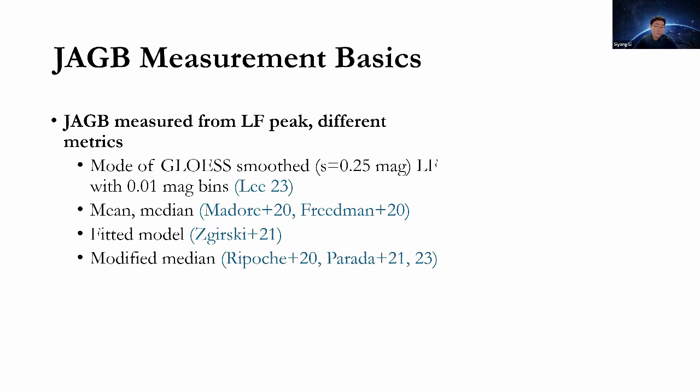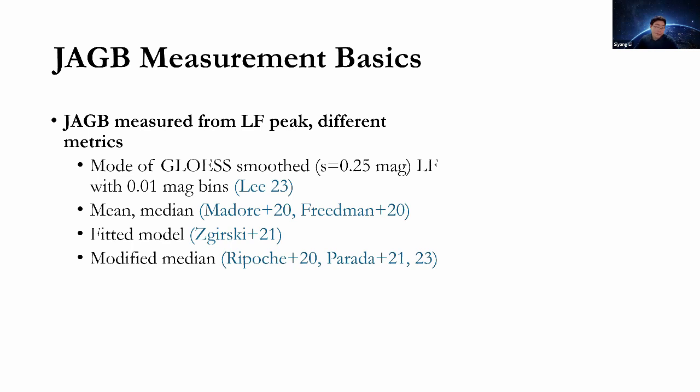Now, as I mentioned before, there have been several methods proposed to measure the JGB. Broadly, these methods seek to identify the peak of the luminosity function. So again, it's the histogram of magnitudes of our carbon stars. And this can be done different ways. You can use the mode of a binned luminosity function after it's been smoothed. This was used by Abby Lee's paper.